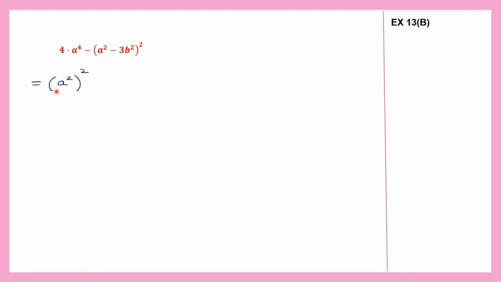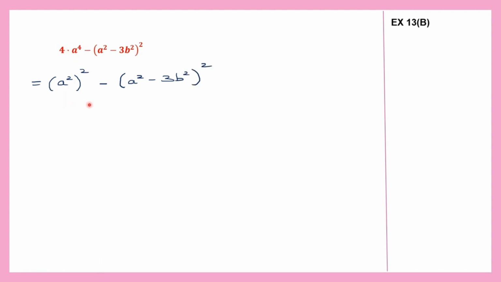When you multiply this 2 into 2, you get 4, you get a to the power of 4. So this a to the power of 4, I have written in this form. Now let's write the remaining as it is. So this becomes minus (a square minus 3b square) the whole square. So no change here. The only change that we made is that we changed a to the power of 4 into this.